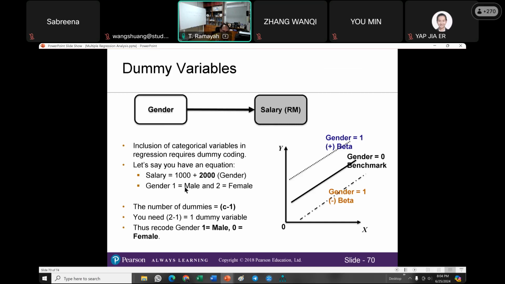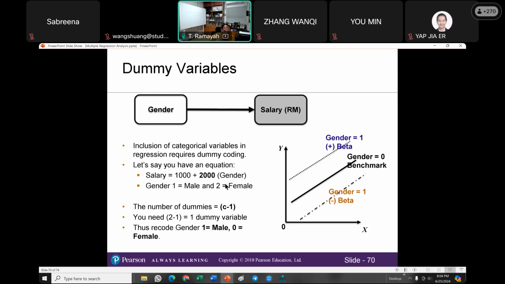If you put 1 as the gender, then your salary will be 1,000 plus 2,000 times 1, which is 3,000. If you put the gender as 2, it will be 1,000 plus 2,000 times 2, which is 5,000. But it doesn't make sense, right? Gender is not an increasing or decreasing variable. Just because gender increased from 1 to 2, you get an increment of salary of 2,000. This does not make sense.